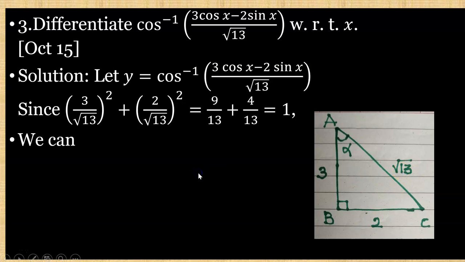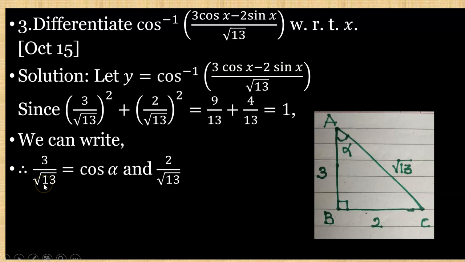Now see this here. We can write 3 upon root 13 as cos alpha, and 2 upon root 13 as sin alpha, and here we will substitute.